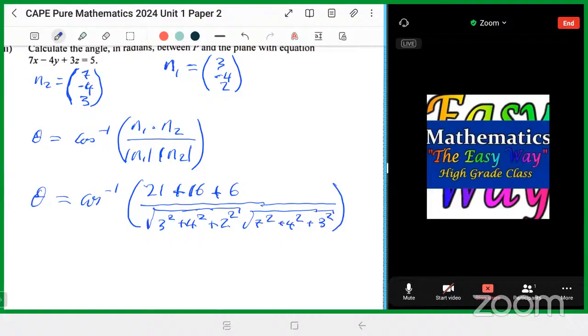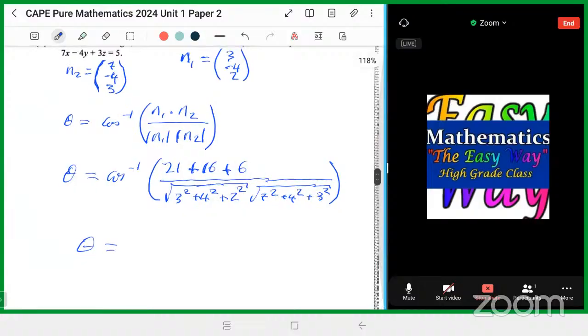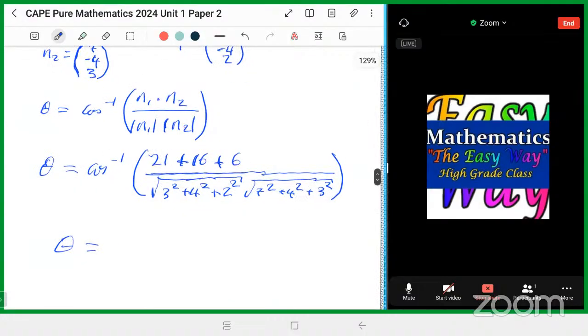And just to get my angle, I'm just going to put everything in the calculator as it appears here. I won't waste any time. All right, so let's get the calculator.